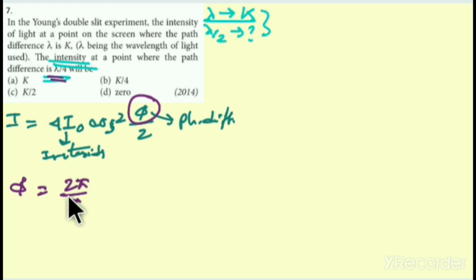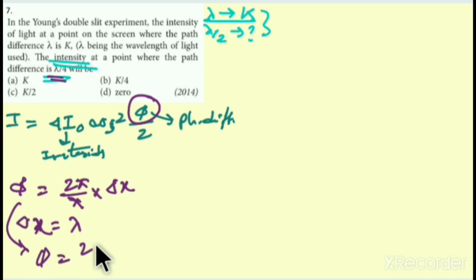So phase difference is 2 pi by lambda into path difference, right? So when the path difference is given as lambda, our phase difference will be 2 pi by lambda into lambda.